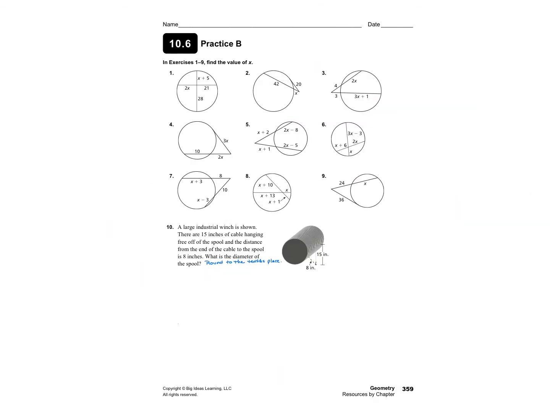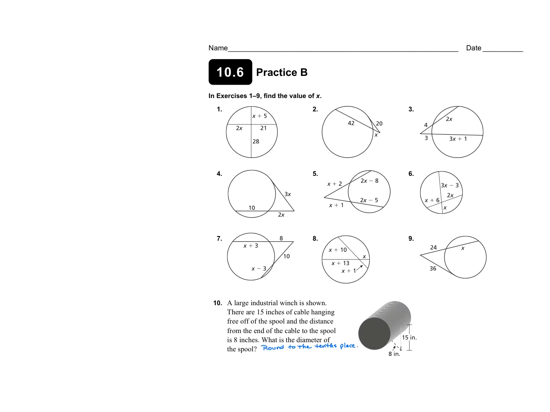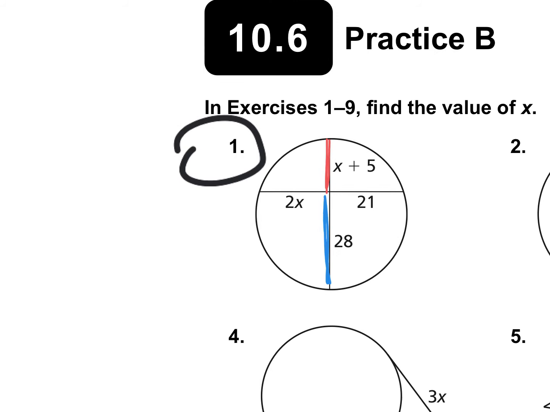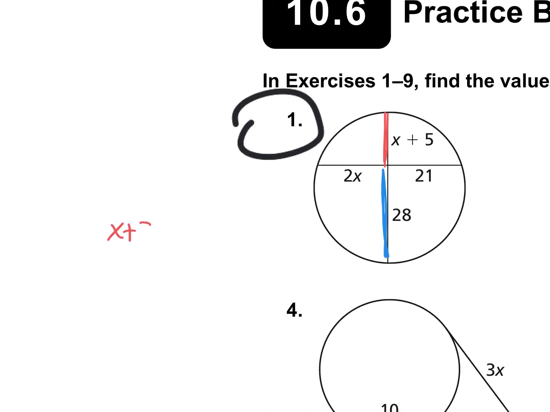So here we had 3 main formulas that we needed to cover. We needed to cover for numbers 1, 6, and 8. This one used where we took each of the segments. So like this little piece times this piece. So I would do x plus 5 times 28 is equal to 2x times 21.